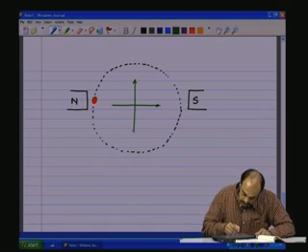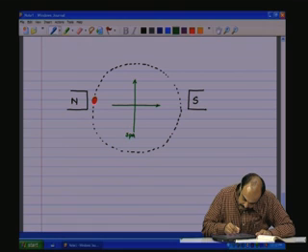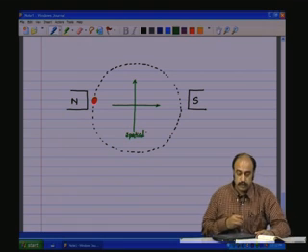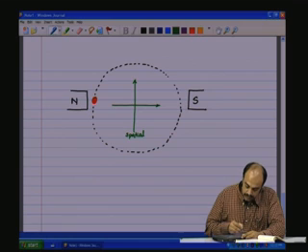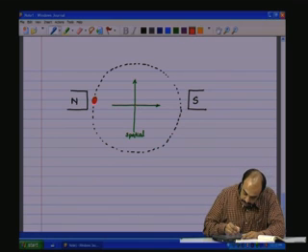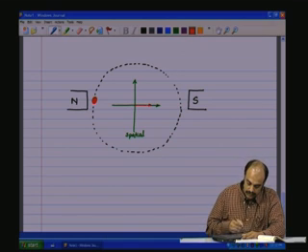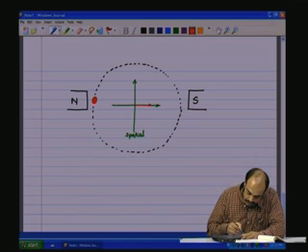This is the spatial axis, the spatial coordinate system. So, when the conductor is in this position, the flux is at full max.